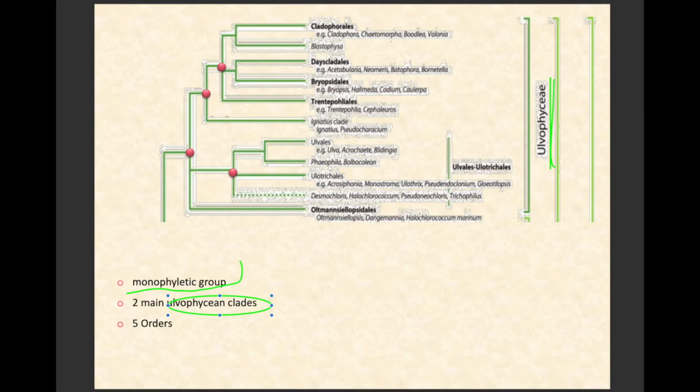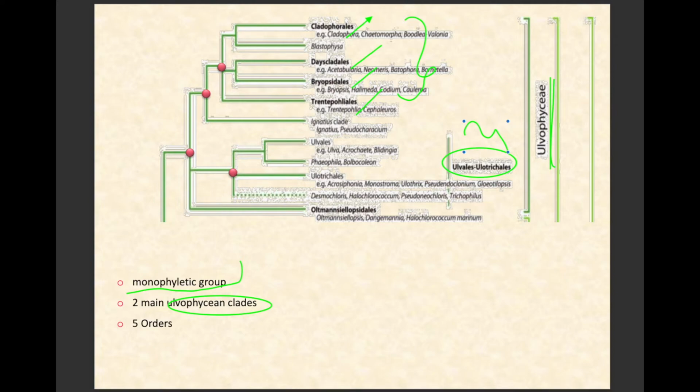So, asan sila dito? Ayan. So, ito yung isa sa main clade na meron tayo under your Ulvophyceae, Ulvales Ulotrichales. And the other one includes your Cladophorales, the Dasycladales, your Bryopsidales, and your Trentepohliales. So, ito yung isang clade, ito yung isang clade. So, yan yung main Ulvophycean clades na meron tayo.